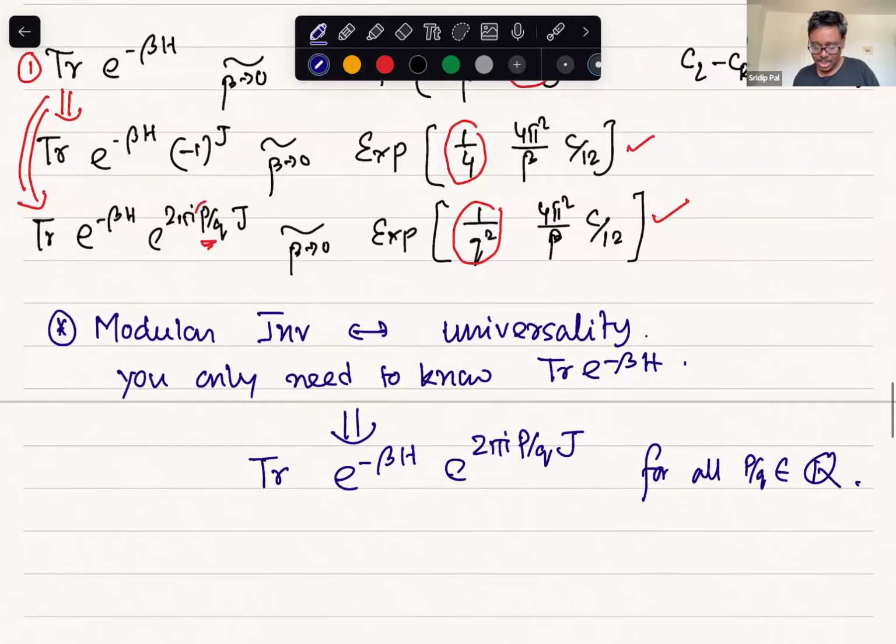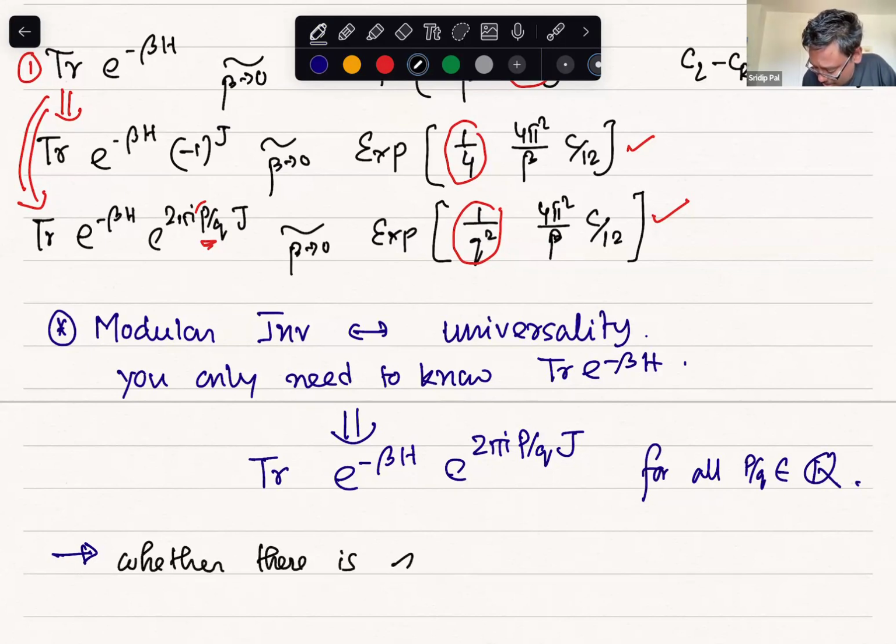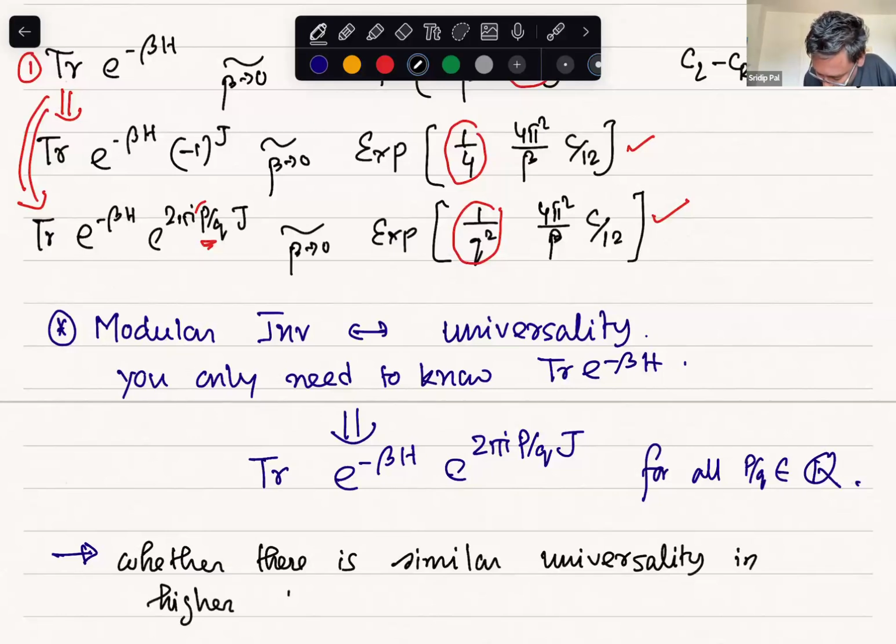Now at this stage, it should be clear that this is the same question we are going to ask in higher dimension: whether there is similar universality in higher dimensional CFT.